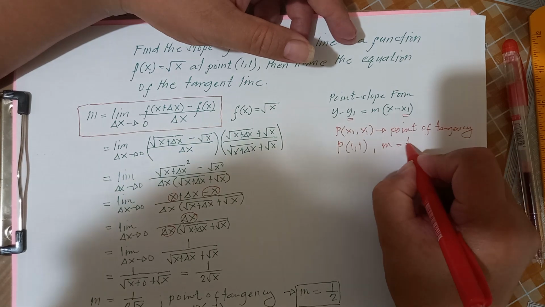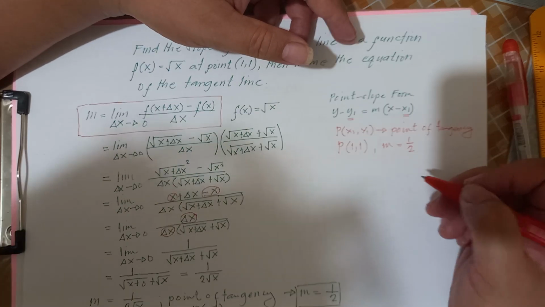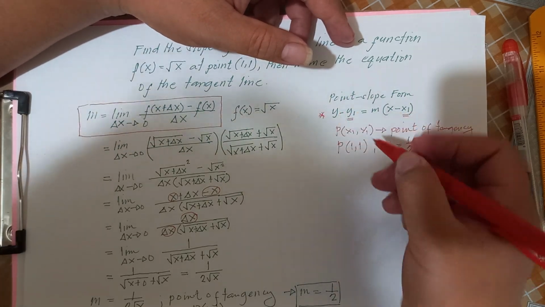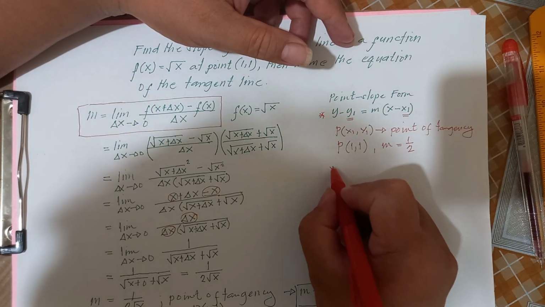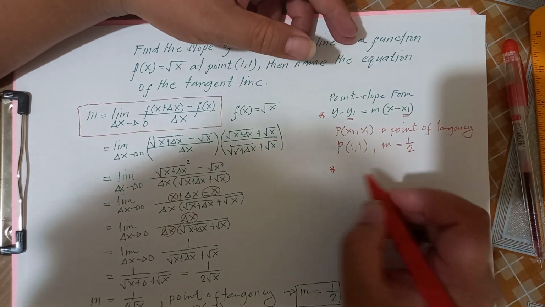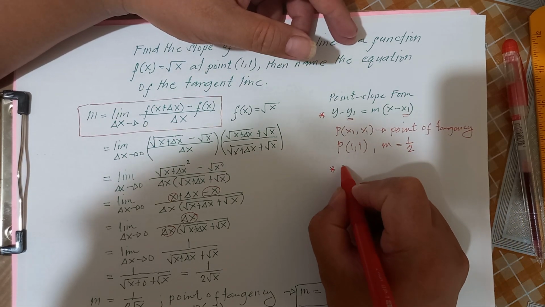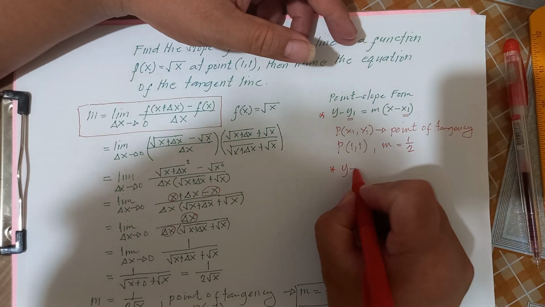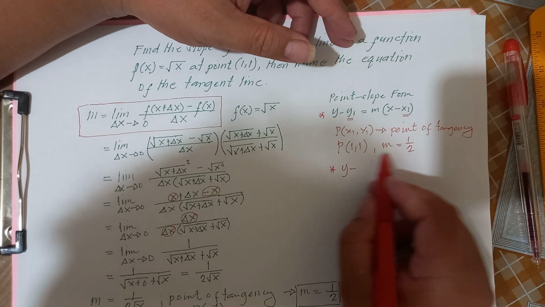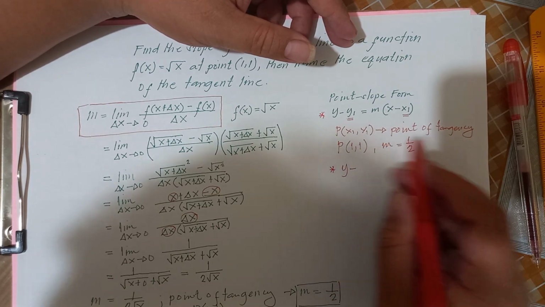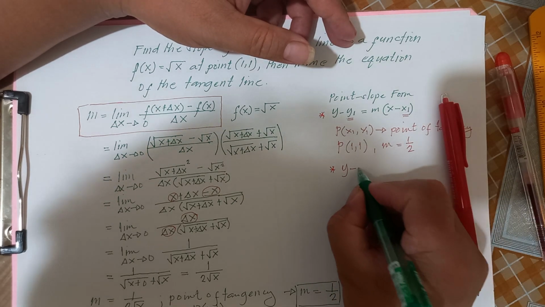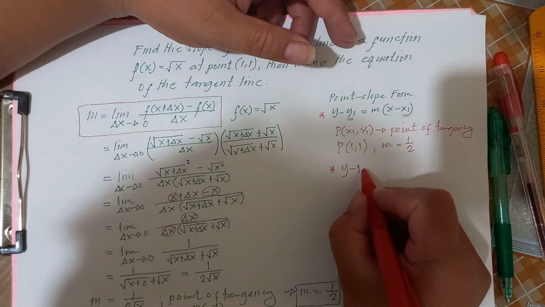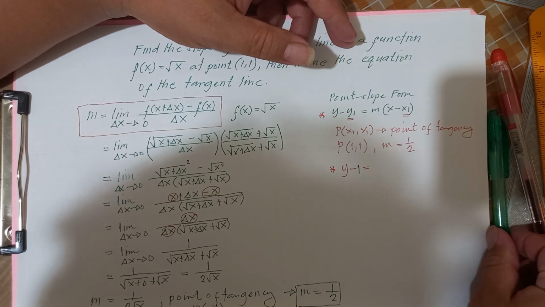Using these elements, we can make use now of this form to look for the equation of the tangent line. So y minus what is our point of tangency, which is y, that is minus 1, equals m.